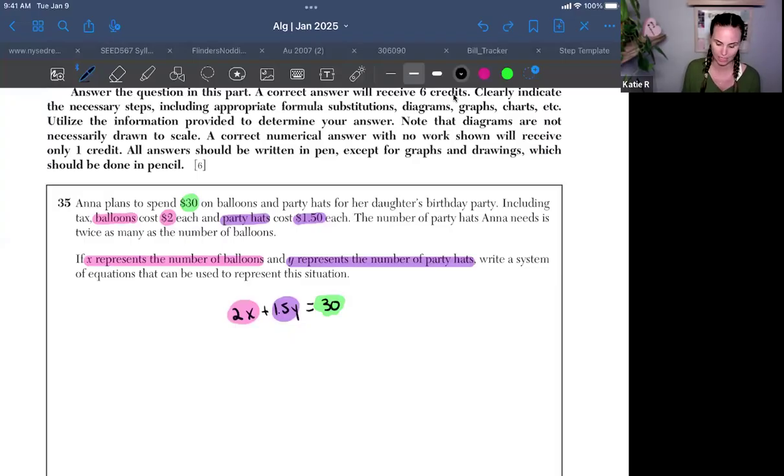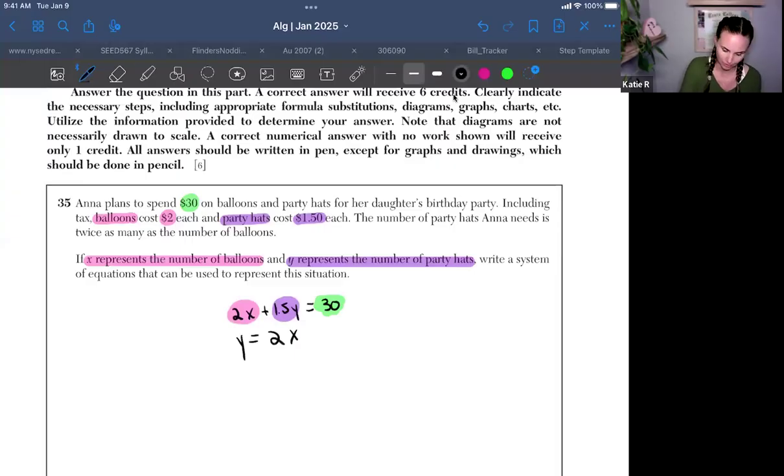This is going to be a systems of equations because the next sentence mentions that the number of party hats that Anna needs, which is going to be y, equals twice the number of balloons. I've been doing this a long time. That's why it's so easy for me. Some of you it might be easy for. Some of you might have no idea where I got these equations from.